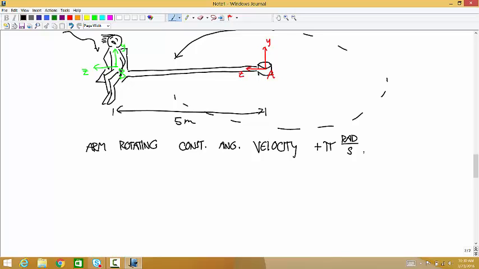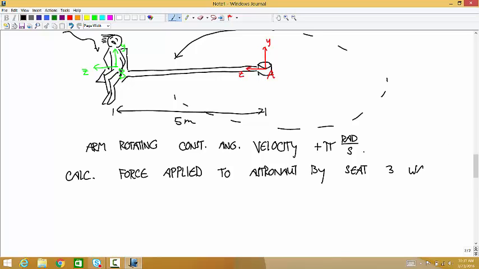And so we're going to calculate the force applied to the astronaut by the seat three ways.